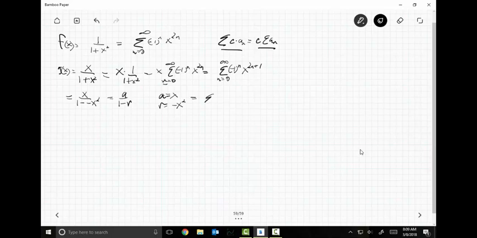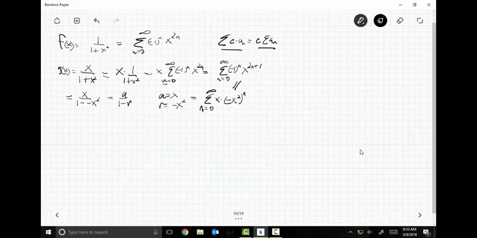So this is equal to the sum as n goes from 0 to infinity of a, which is x, times negative x squared to the n. And guess what? After doing a little bit of algebra, pull the negative out, I end up with exactly the same thing, which is awesome, right? This function is this series.